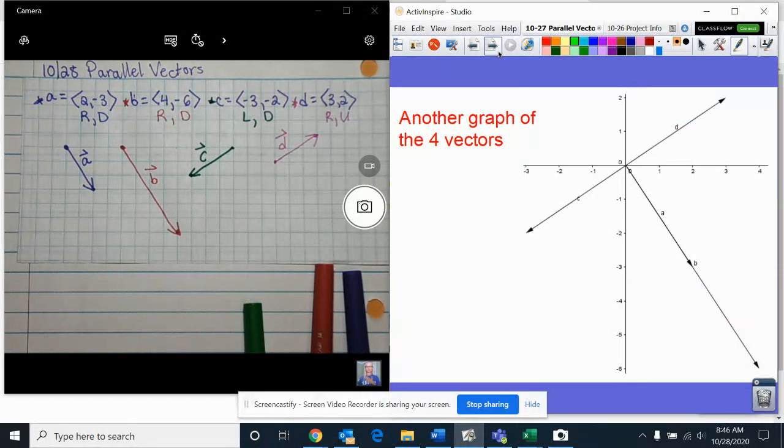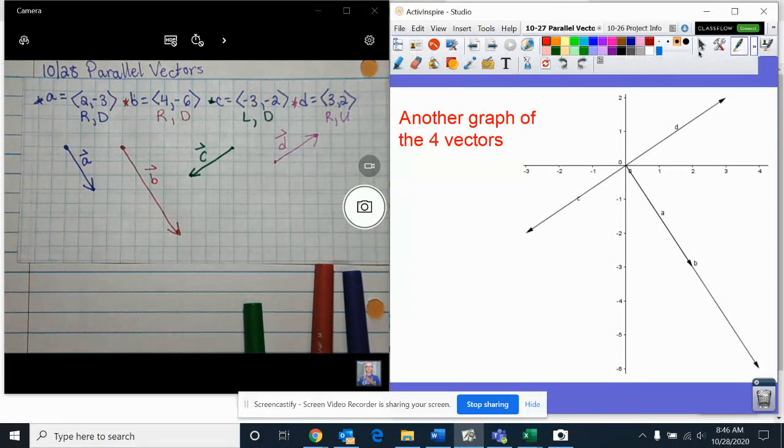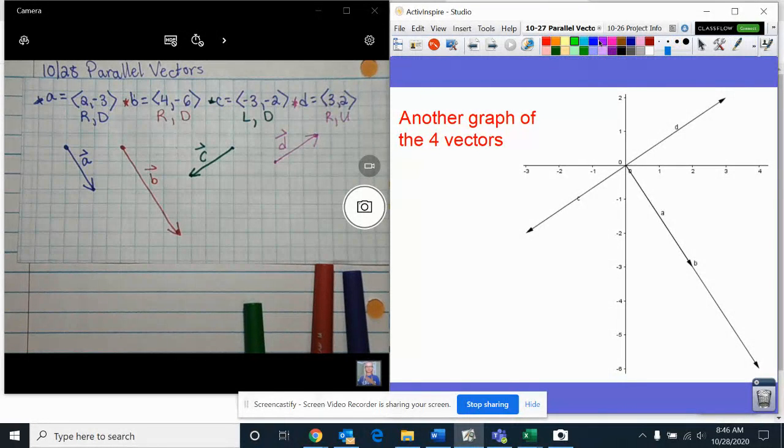Here is another picture of those four vectors. I'll highlight them. Vector A was blue, and that's vector A right here. Vector B was red, and that's this whole long vector.